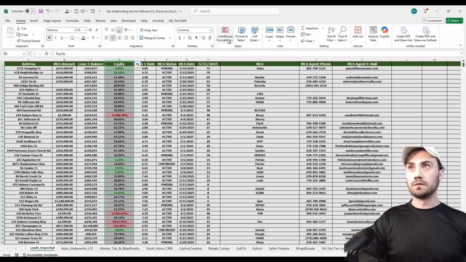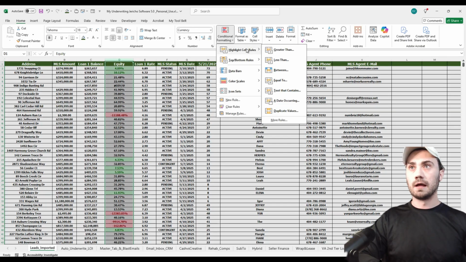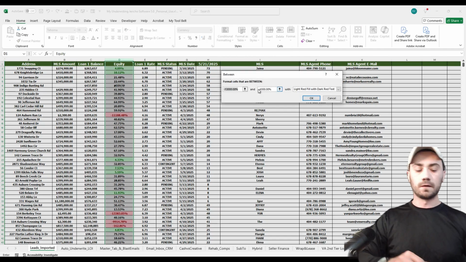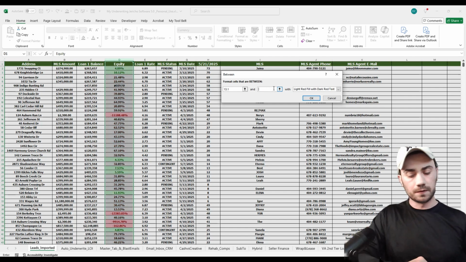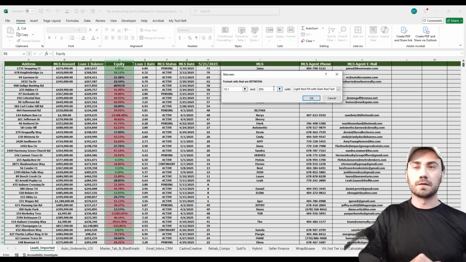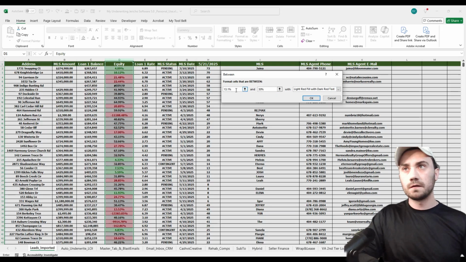Let's instead do the conditional formatting, and let's say between 13.1 and, let's say, 30%. We can go up to 30%, no issues with that. So it's going to be 13.1% to 30%, and we're going to put in a yellow fill with dark text.